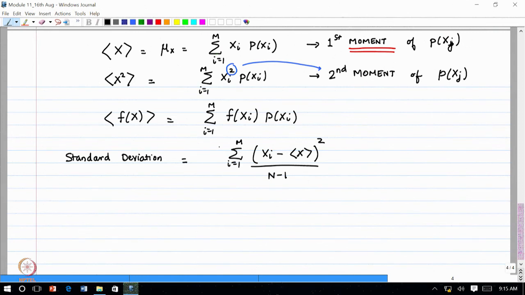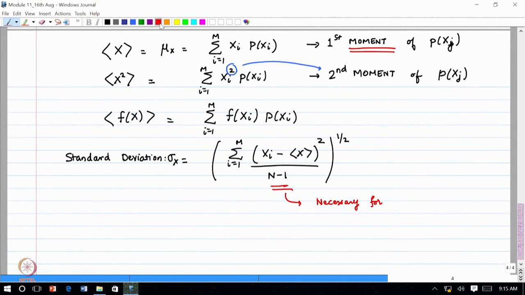I will go into why there should be an n minus 1. We will call it sigma of x.